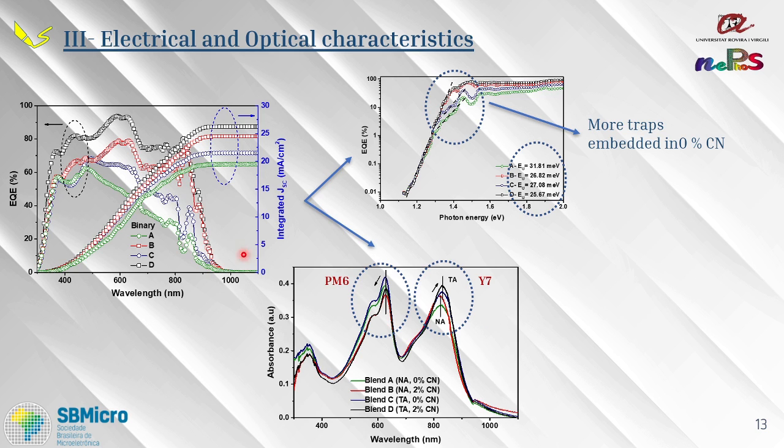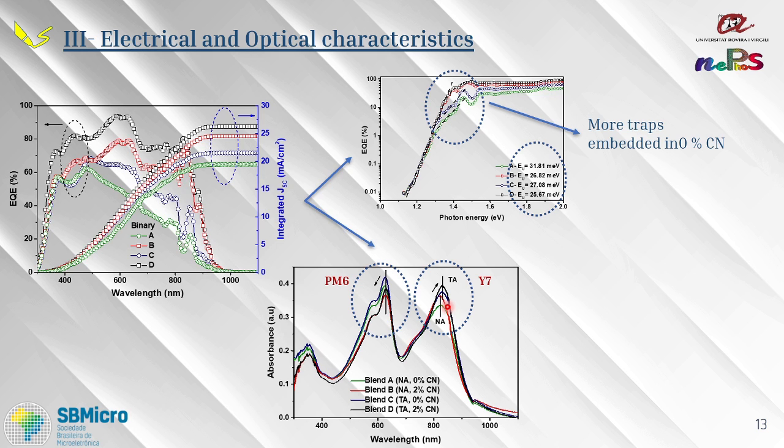There is no shift for PM6, all have the same peak, only the intensity differs. While for Y7, we can see around a 9 nanometer redshift.